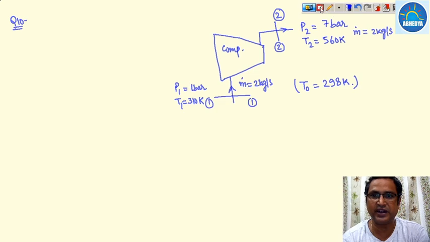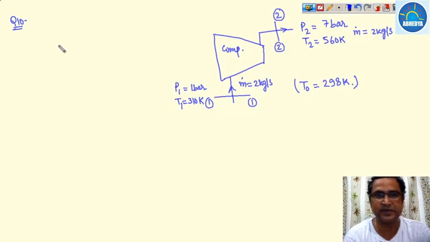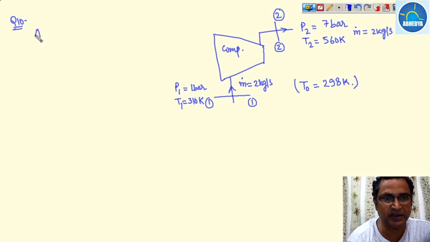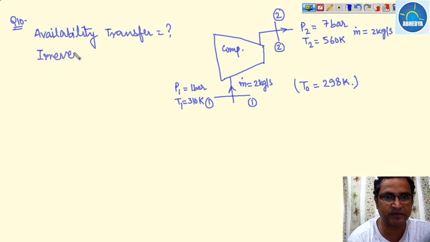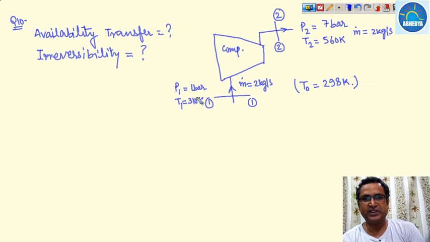Now we have to calculate the availability transfer and irreversibility. Mass flow rate is given, pressure is given, temperature is given.